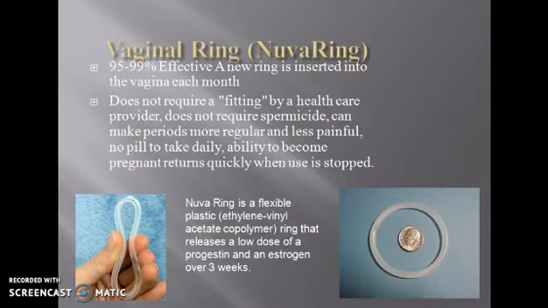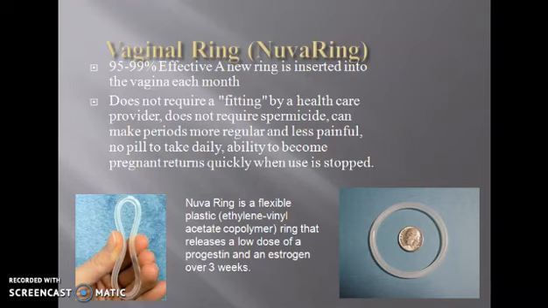So let's look at vaginal ring. That's another barrier. That is the Nuva ring. That's 95 to 99% effectiveness. It's a new ring that is inserted into the vagina each month.